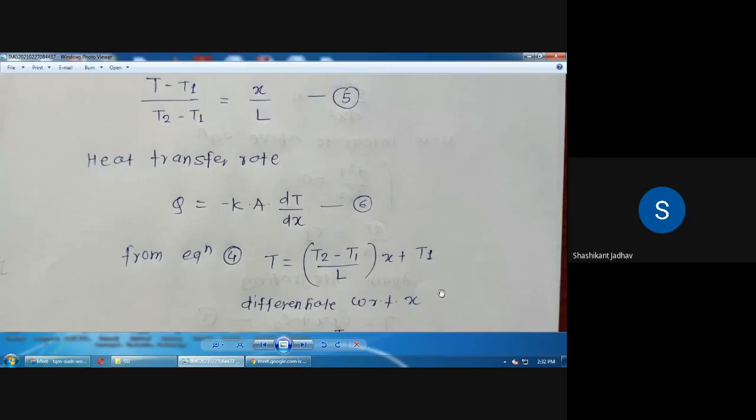What is the final equation for the Q? Samruddhi Deshpande, please unmute yourself and tell me the answer of the Q. Are you there or not?